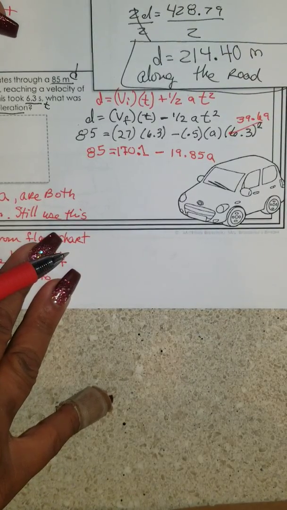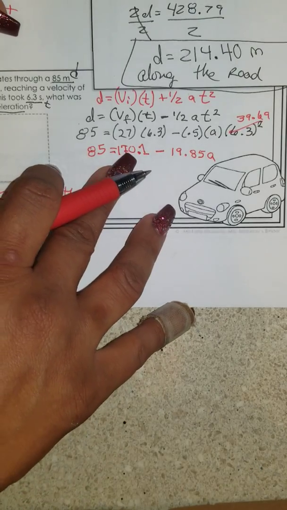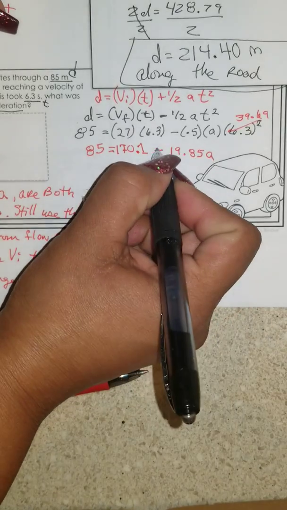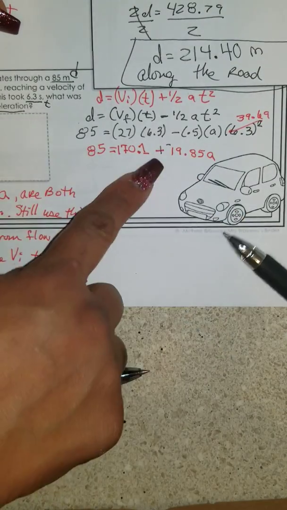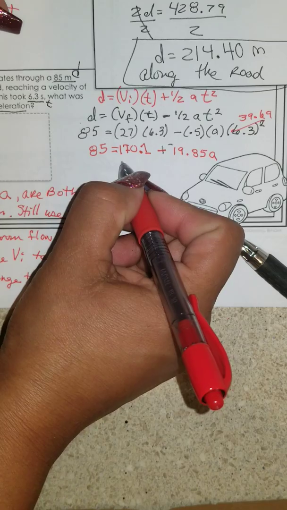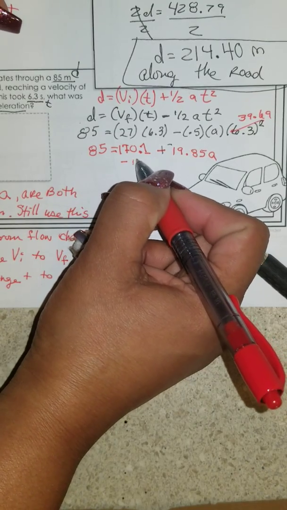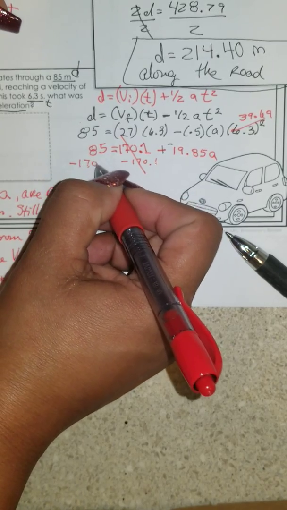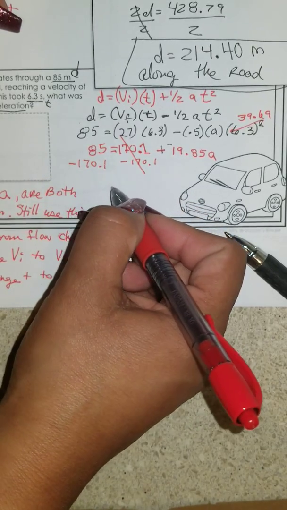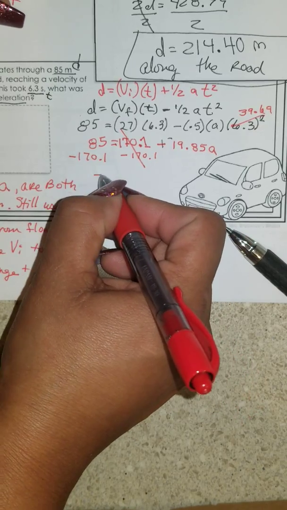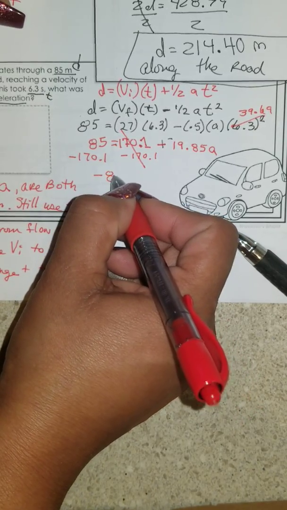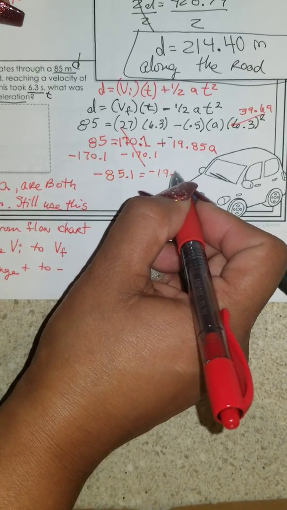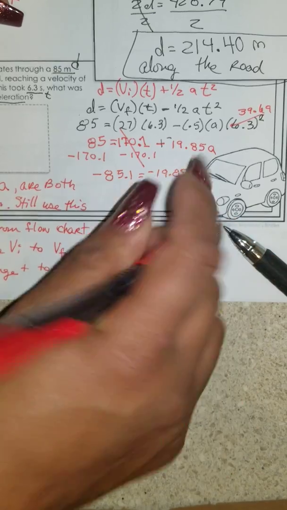Now, hopefully you see that this number and this number, let's look at it this way. If I put a plus here, that's a negative. Now I can go ahead and see that and subtract 170.1. I end up with a negative value of 85.1 equals a negative 19.85A.